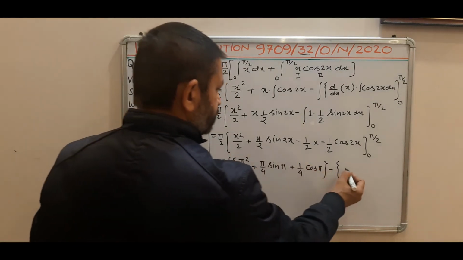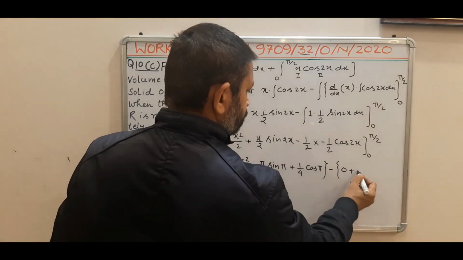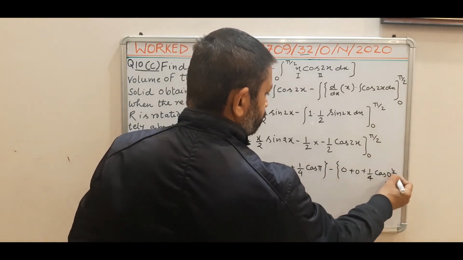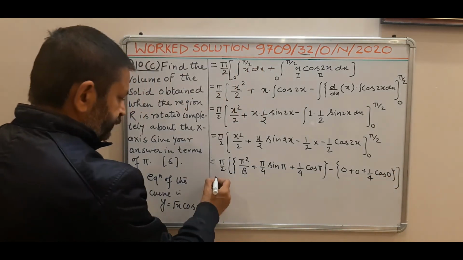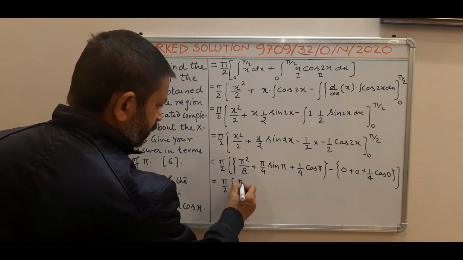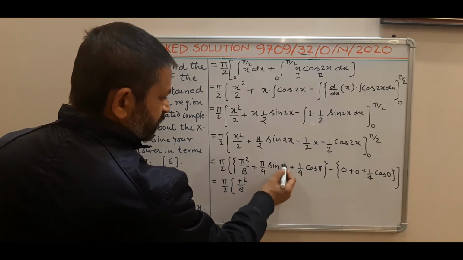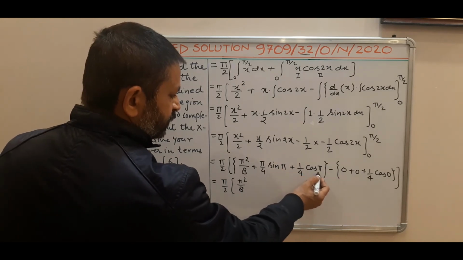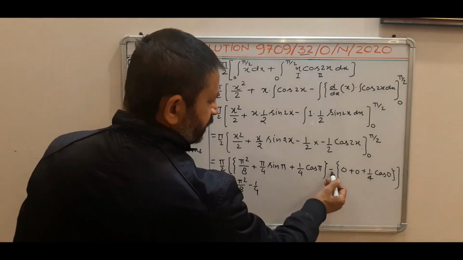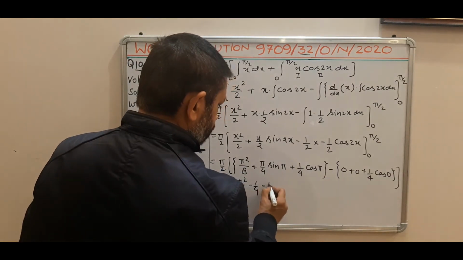So this will become 0, this will become 0, and plus 1 by 4 cos 0, which will give you 1. So it is pi by 2, this is pi square upon 8, this will become 0, cos pi is minus 1, so it is minus 1 by 4, minus again 1 by 4.